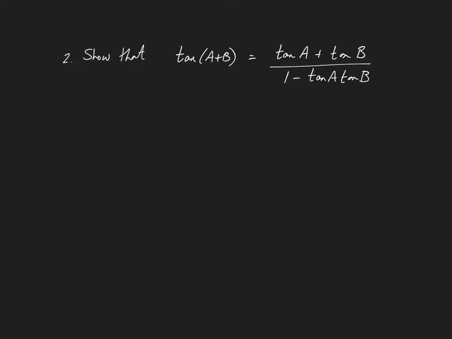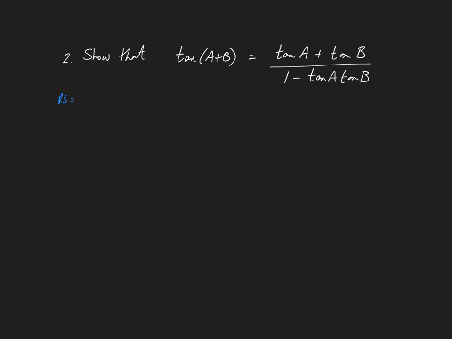So the first thing I would maybe want to highlight is when we take a look at this, I think I would want to manipulate that right side first. The reason for it is that I have so much stuff on the right side. And everywhere that I see a tan, I know that a tan is equal to a sine over a cos.